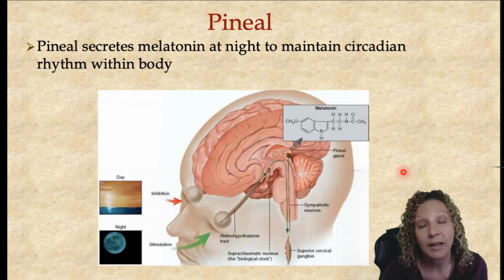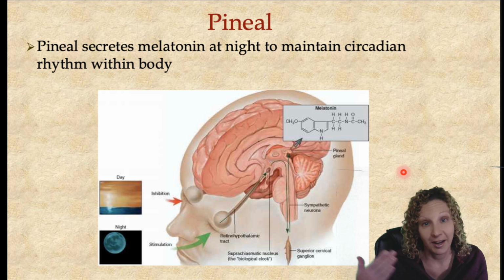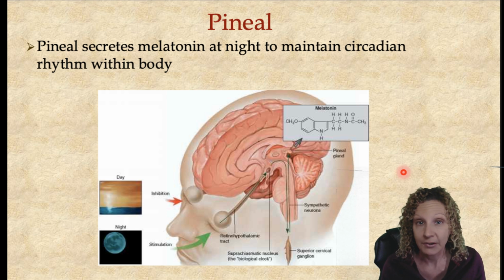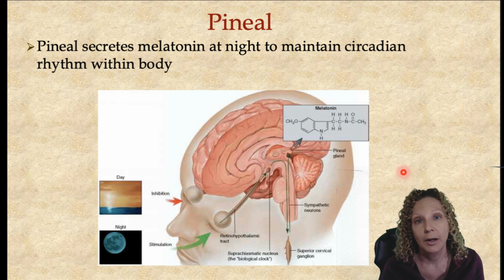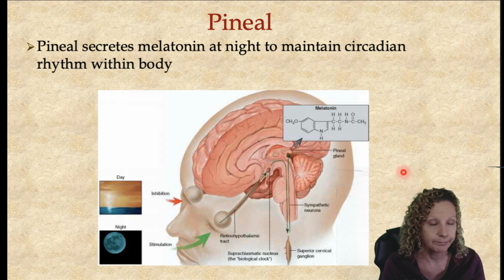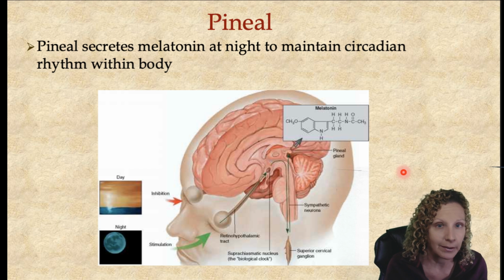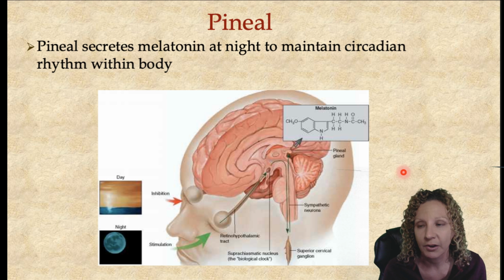So it ends up being an important chemical signal to your body for timing purposes, so that your body knows what time of day it is. There are lots of biological processes that rely on timing. Your release of thyroid hormone happens in the morning. Well, how does your thyroid know that it's morning? It doesn't have a window into the world, so it receives a chemical signal in regards to that.